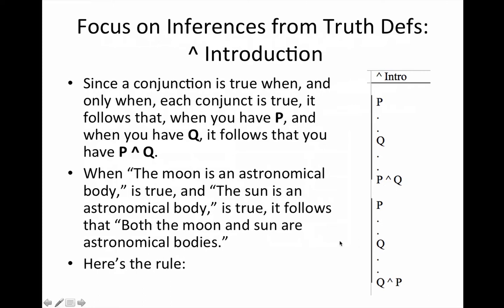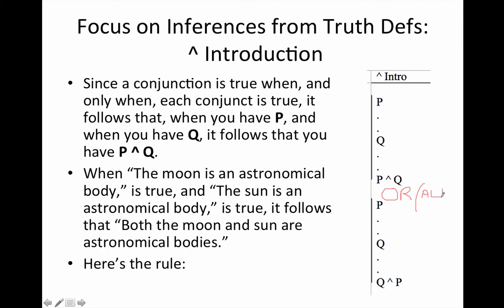So notice that, let me just grab the pen to make this clear. This is the alternate, right? So there are at least two moves that you can make here.